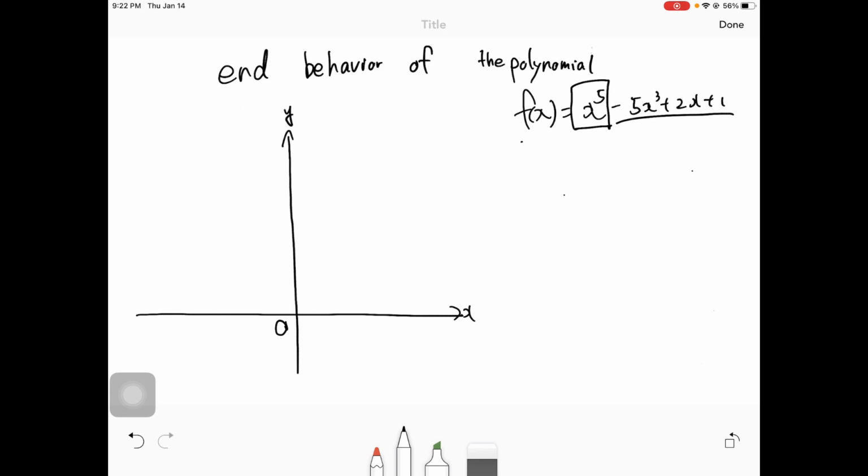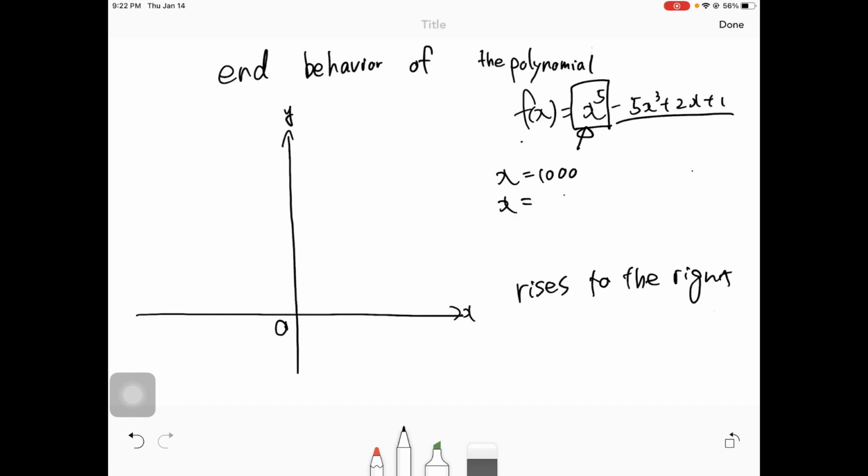When you find the behavior, what you have to do is plug in a really big number or a really small number. So let me plug in x equals 1000 in x to the power of 5. Obviously it's going to be extremely big. So you can say the graph rises to the right.